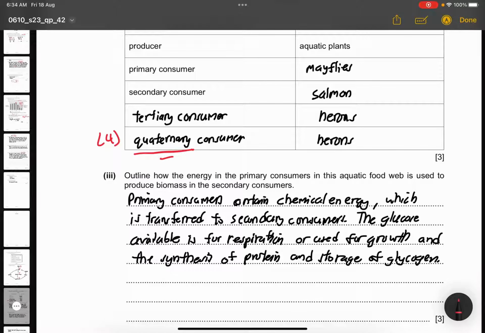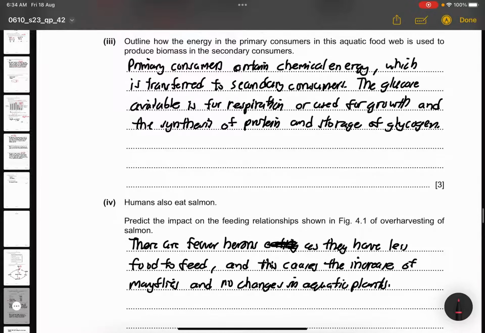So primary consumers contain chemical energy, which is transferred to the secondary consumer. So the glucose available, which is from their food, is used for respiration or for growth, and maybe the synthesis of protein and the storage of glycogen. So it's basically just saying how energy is transferred from primary consumers to the secondary consumer.